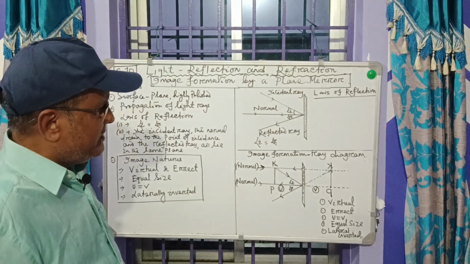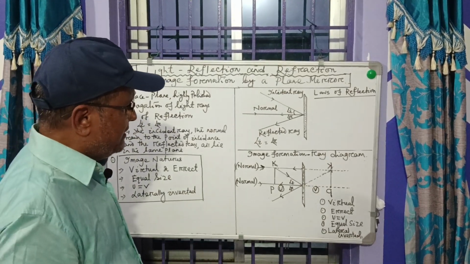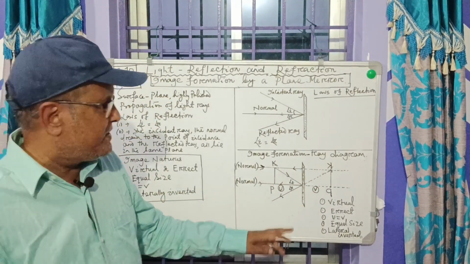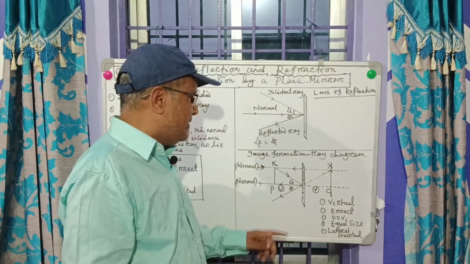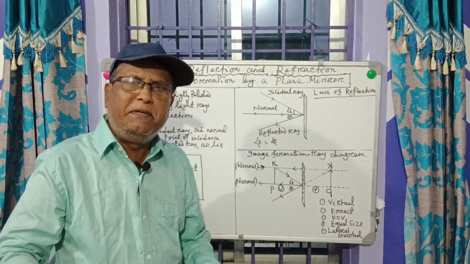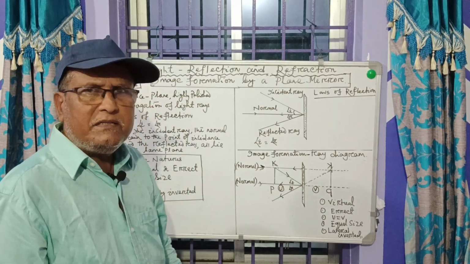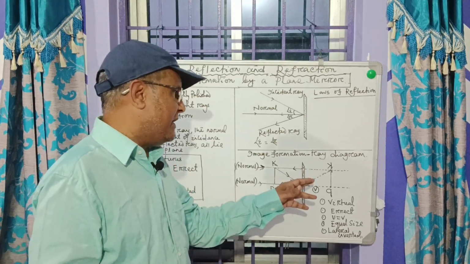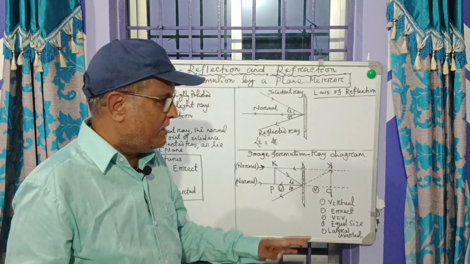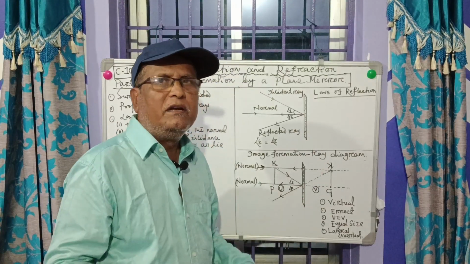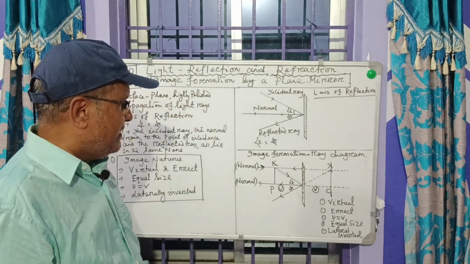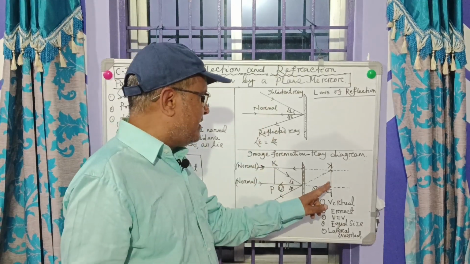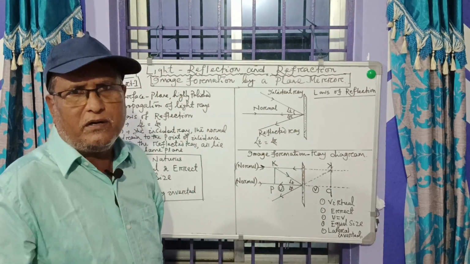Now let us study the nature of the image formed. The first observation, please note: the image is formed behind the mirror, which means it is virtual. Can we capture it on a screen? No, it cannot be captured on a screen, so it is not a real image. It is a virtual image. It is also erect, straight upward, not downward.